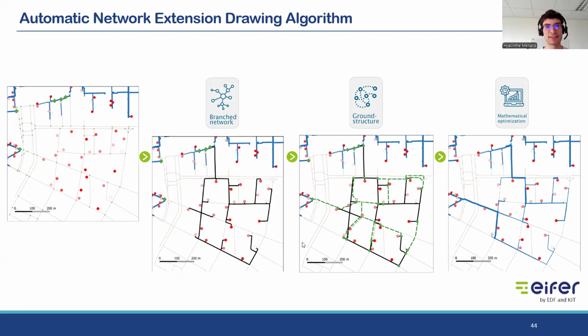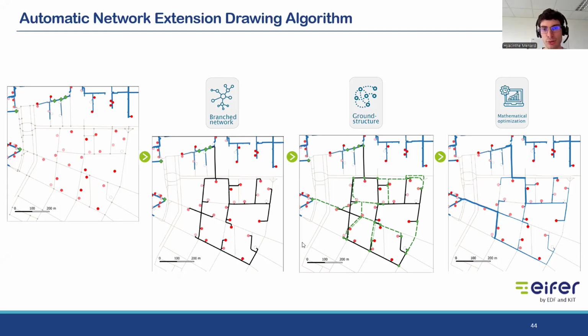And then I have different steps in order to find an optimal way to connect this new neighborhood to the existing network. The first step is to create a branch network, as you can see in black, which uses a Pathfinder algorithm to find one way to connect all the customers to the network by following the layout of the streets in Milan.